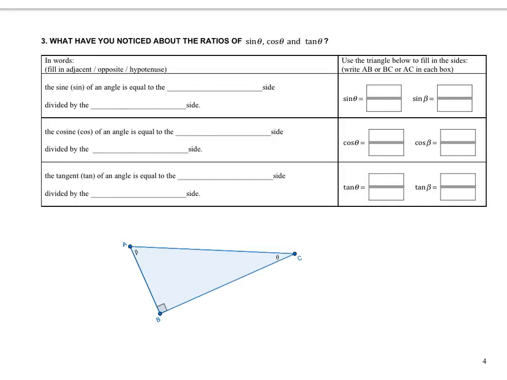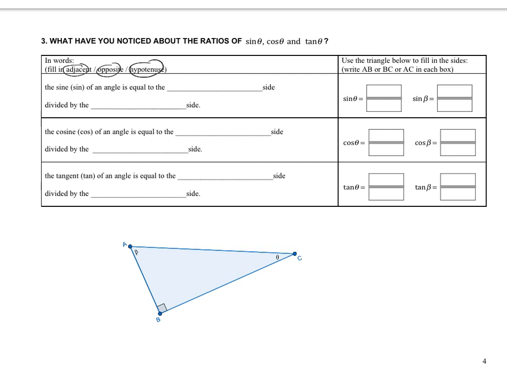The third part of the investigation is just a summary. You need to conclude what you've seen, right? So make a conjecture about what you have noticed about the ratios of sine, cos, and tan of a reference angle, and then you just use the words adjacent, opposite, hypotenuse to fill this in.